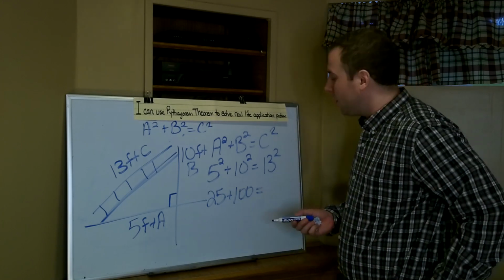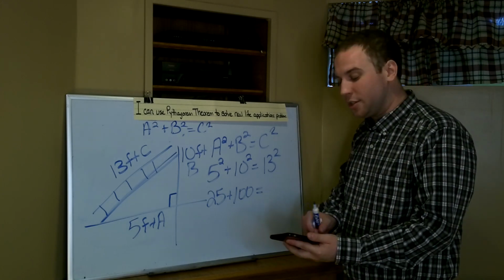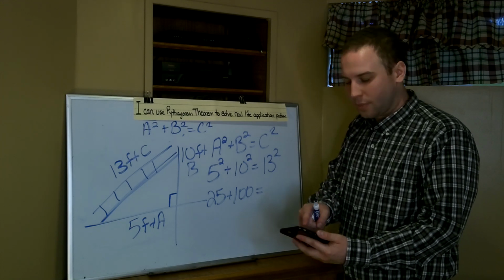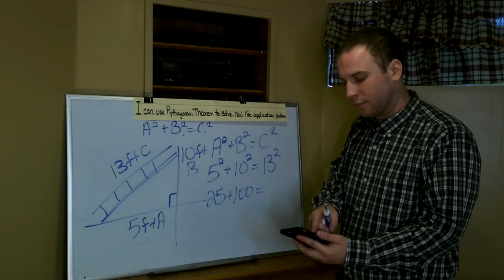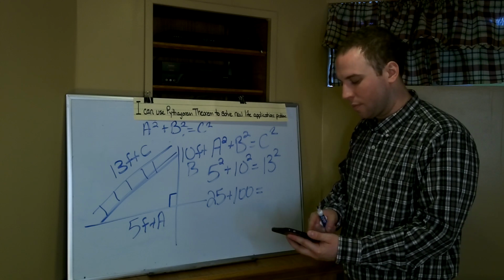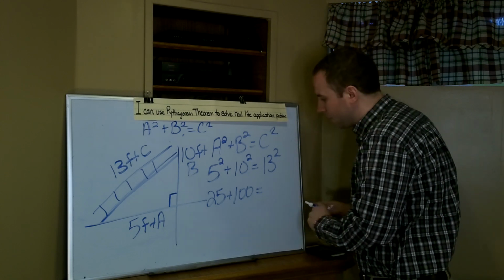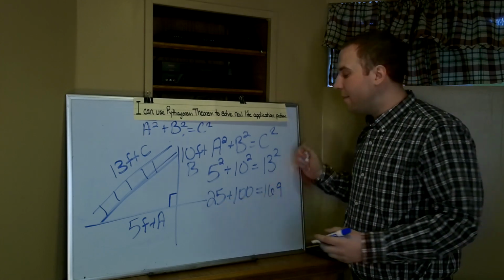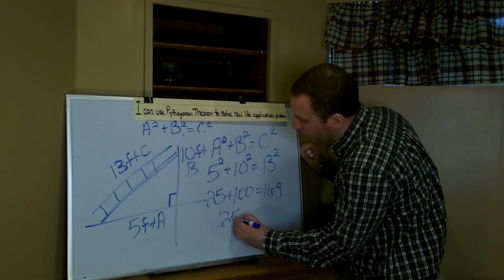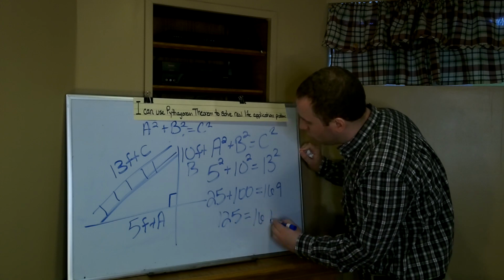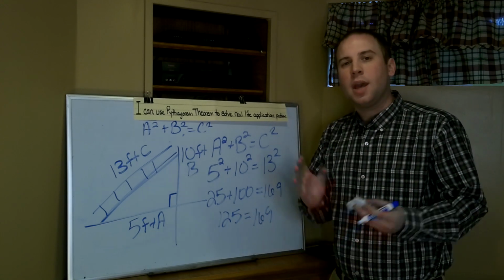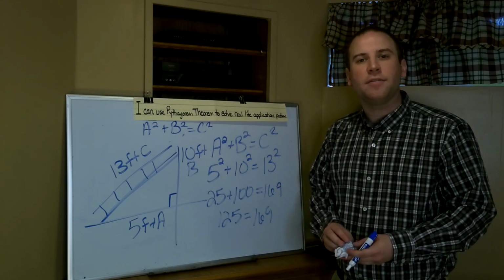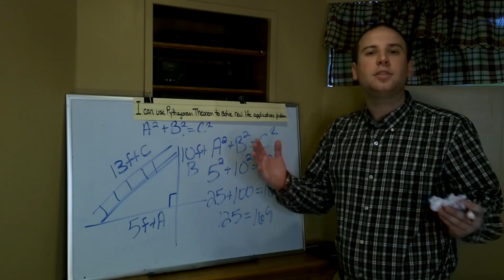Anyone? 13 times 13, let's just make sure that I am correct here. Is 169. 25 plus 100 is 125. So does 125 equal 169? That is incorrect. You're right. So the answer: is this ladder tall enough to hang this poster? The answer is no.